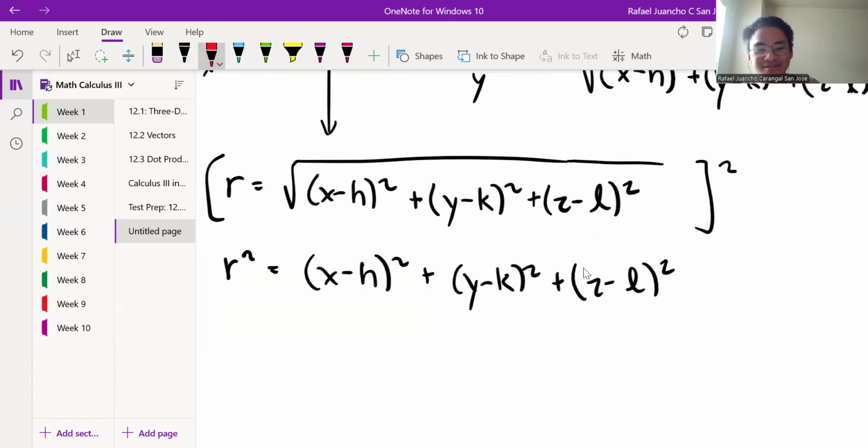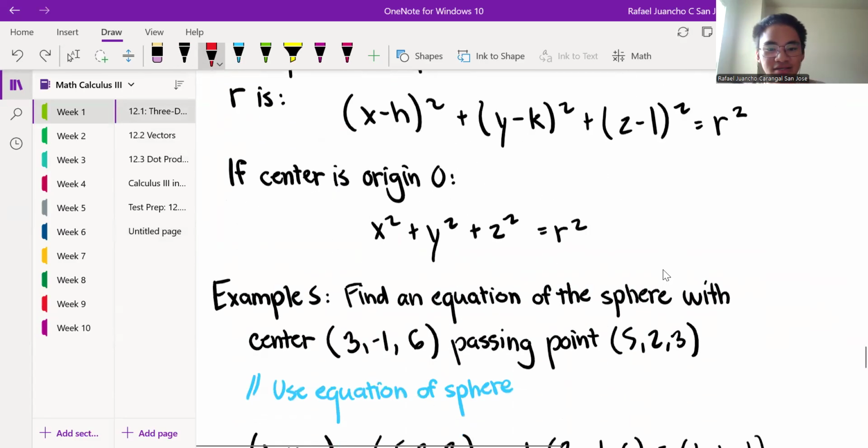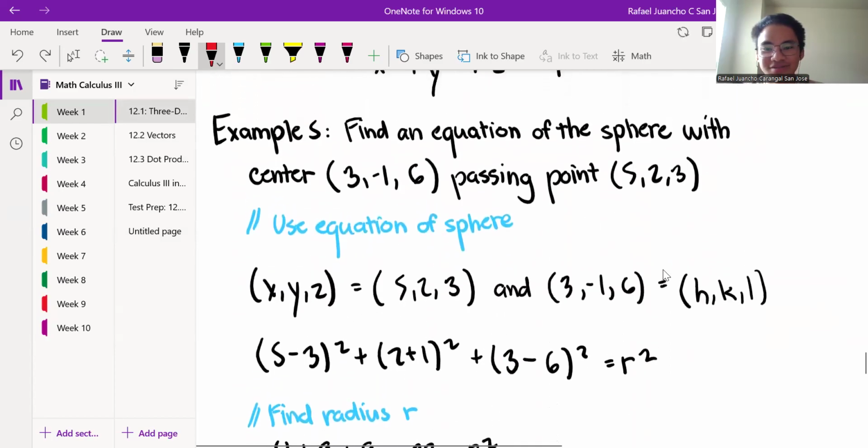And this is basically our standard equation for a circle. No, not, I'm kidding, not circle, sphere. Right? And now we can use this to find points that we want.